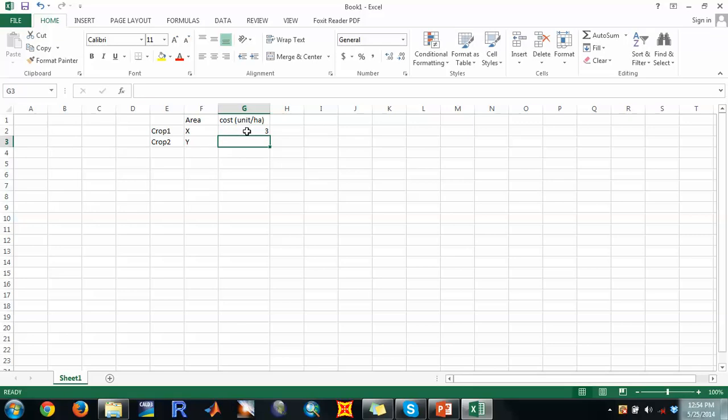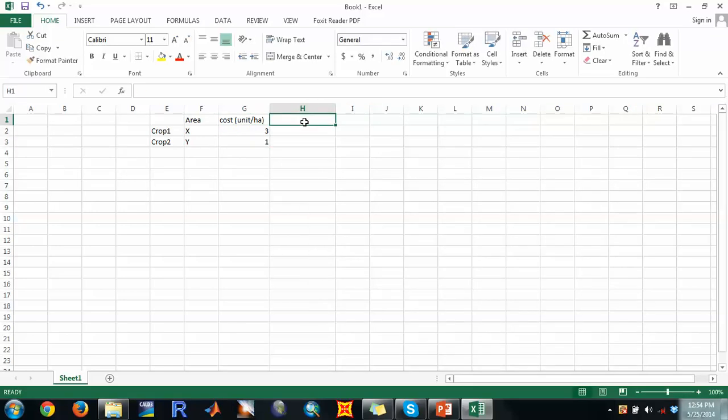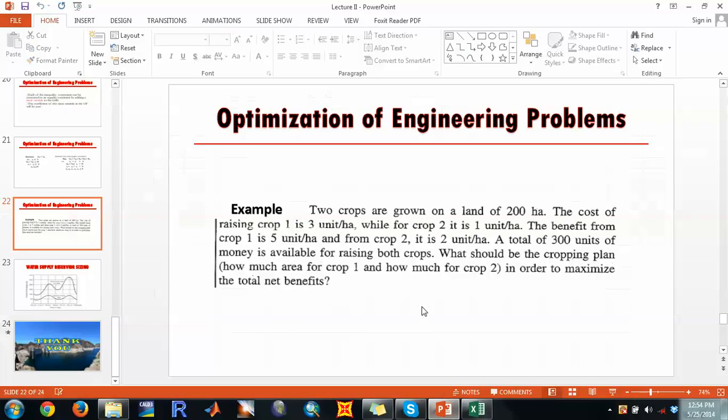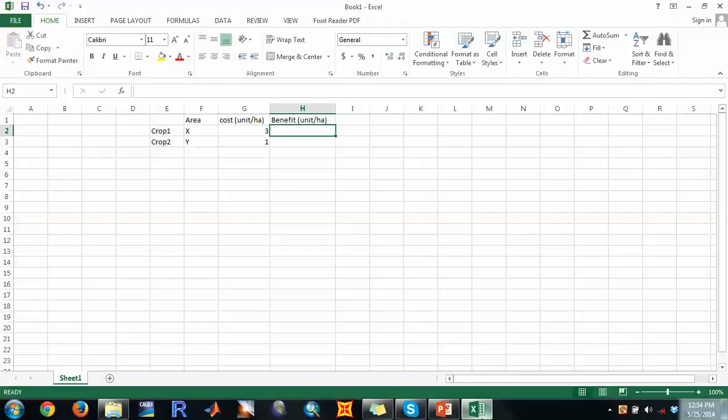For crop 2 it is 1 unit per hectare. And the benefits, in units per hectare, where units represent money, are 5 units per hectare from crop 1 and 2 units per hectare from crop 2.